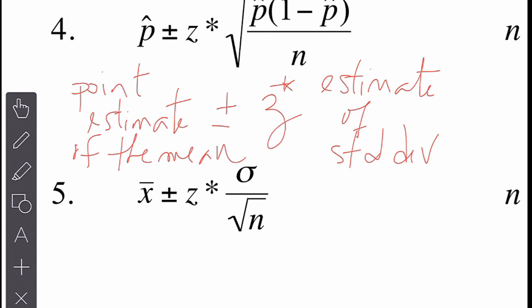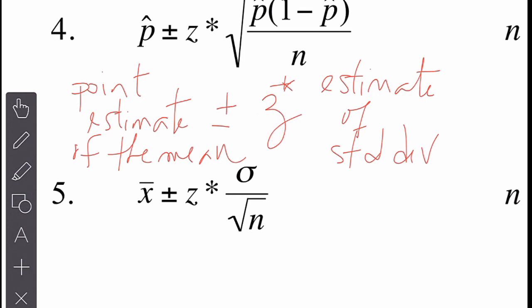If you want 1 standard deviation from the mean, then you put a 1 there. If you put 2 standard deviations from the mean, then that's 95%. If you use 1, it's 68%. If you put 3 here, then you're capturing an interval of 99.7% in approximation.